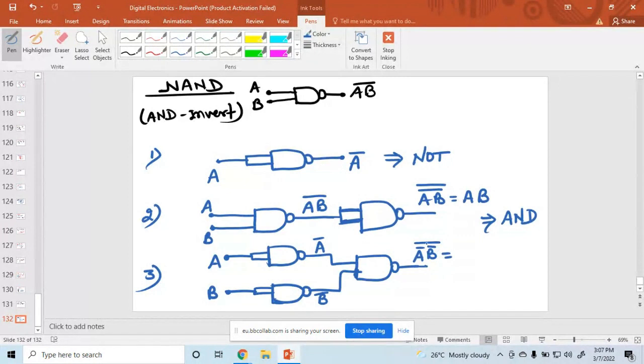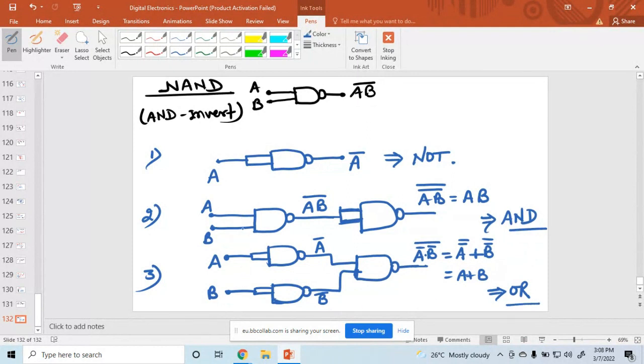Applying De Morgan's, the value is A double bar plus B double bar, which is equal to A plus B. That means this one is an OR gate. So you can say using a NAND you can design a NOT gate, an AND gate, and an OR gate.